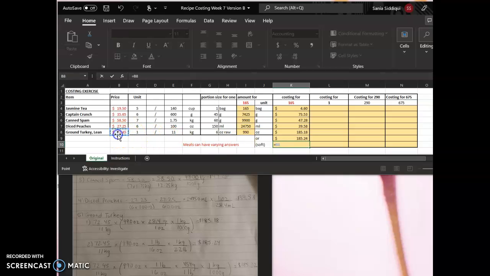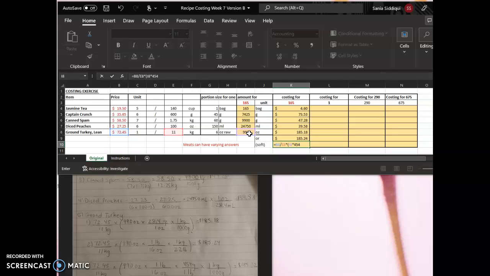In the beginning, we take our price per unit, divide it by our amount per unit, which is 11, and then multiply that by 990. Then we're going to multiply that again by 454.